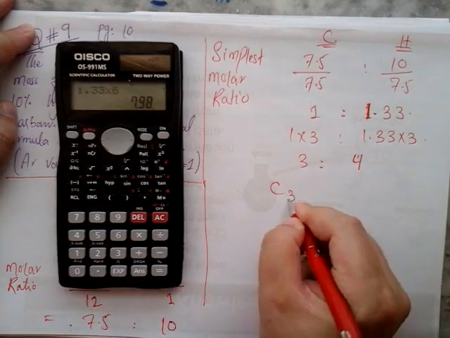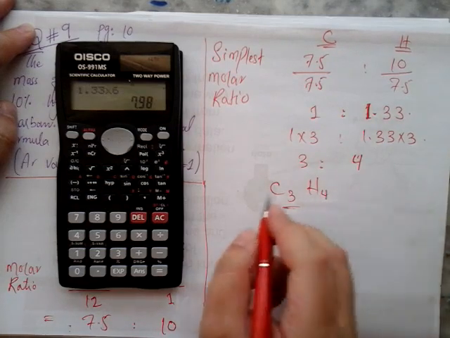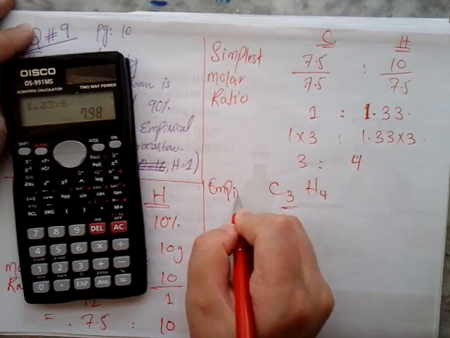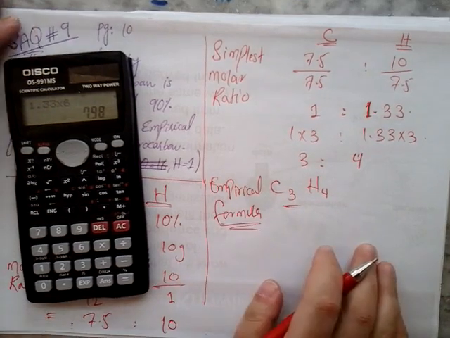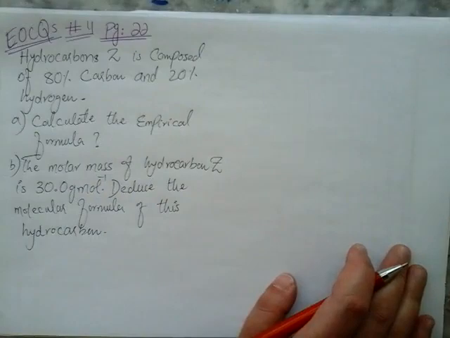So C3H4, this is the empirical formula. Is that clear?